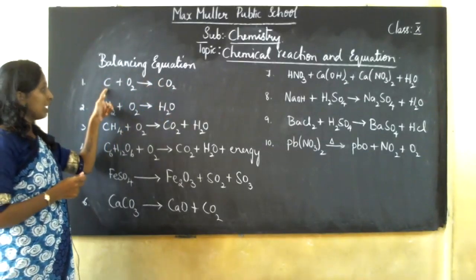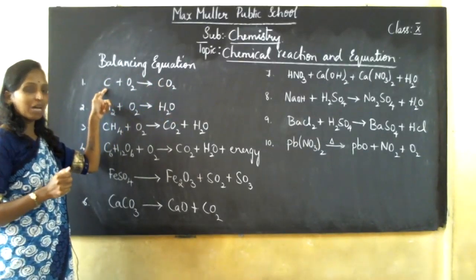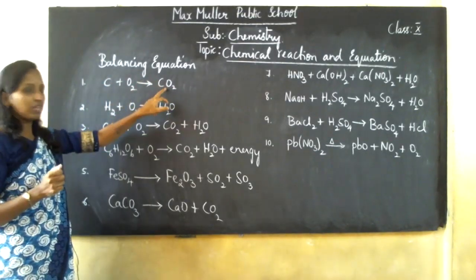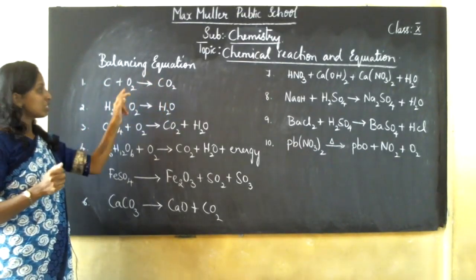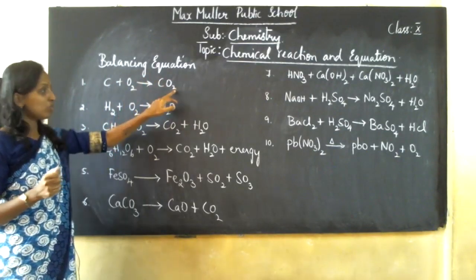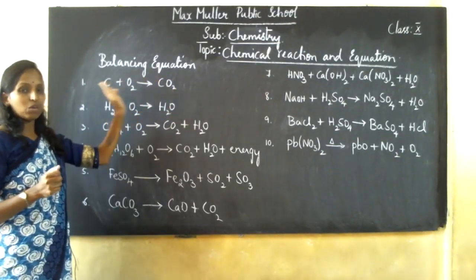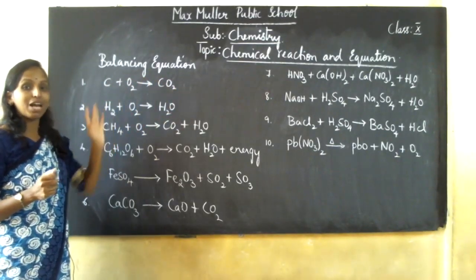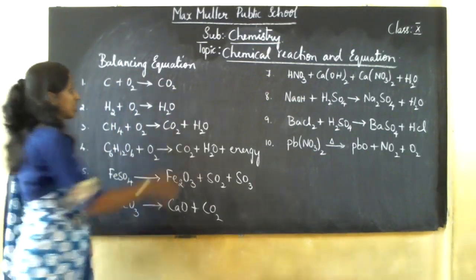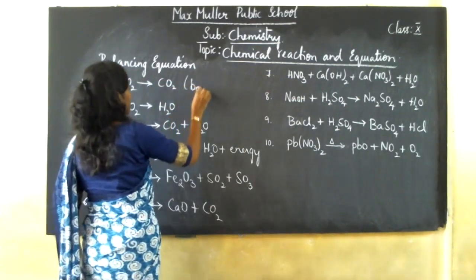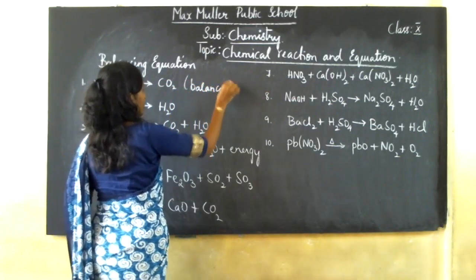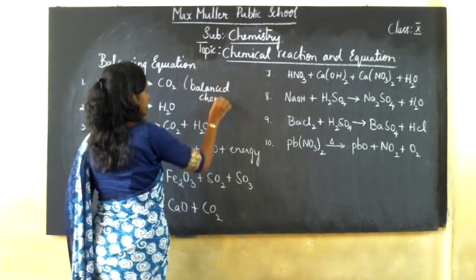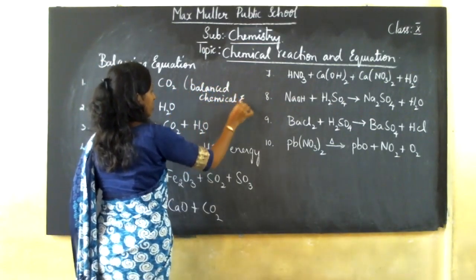Carbon: how many do you have? Carbon is 1, and in your product, 1. Oxygen: how many do you have? 2. And in the product? 2. So you can see that the equation written here is balanced. So that equation is called a balanced chemical equation.